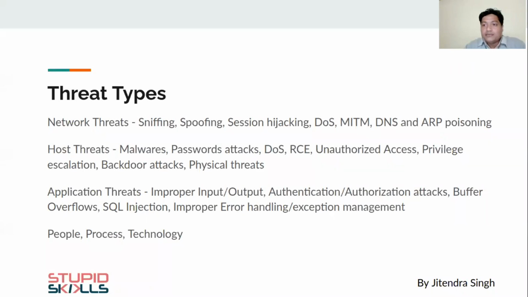DNS is like an old telephone directory wherein you know the domain name, but you don't know the IP address of a machine, and that kind of mapping is there in the domain name system. Then there is something called ARP poisoning. I hope everyone might not know what ARP means, but a particular system or device usually has a network card, and these network cards do not look for much more information other than a MAC address.